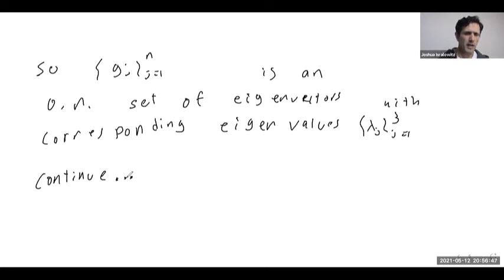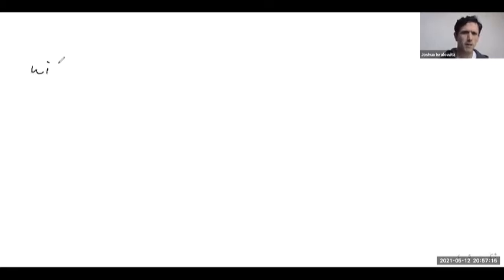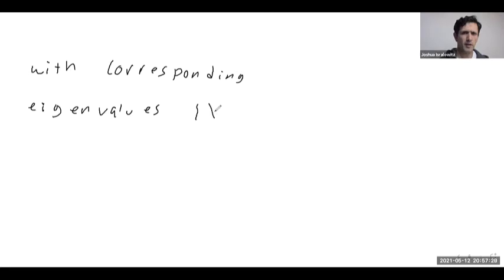So we continue on to get, let's say, an orthonormal set Gj, j equals 1 to n, of T, with corresponding eigenvalues lambda j, j equals 1 to n.